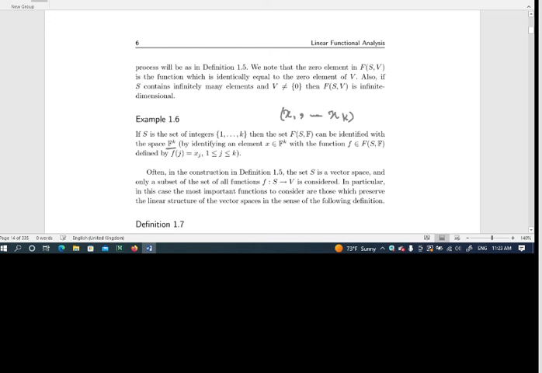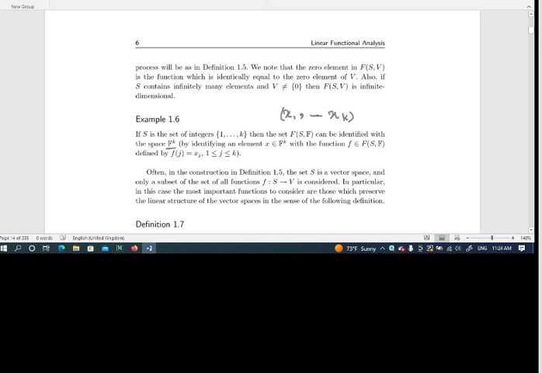When we say F^k, we mean all k-tuples like this. But we can view it as F(S, F): for any k-tuple, there is a function f such that f(j) equals xj.